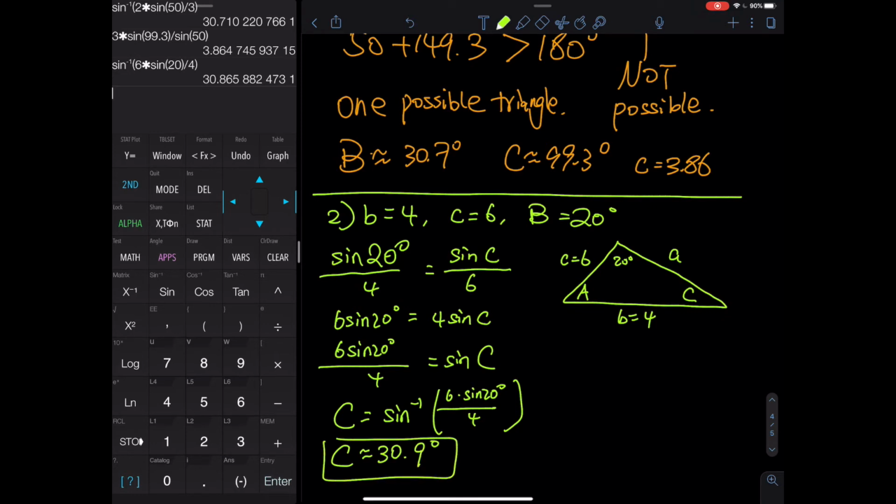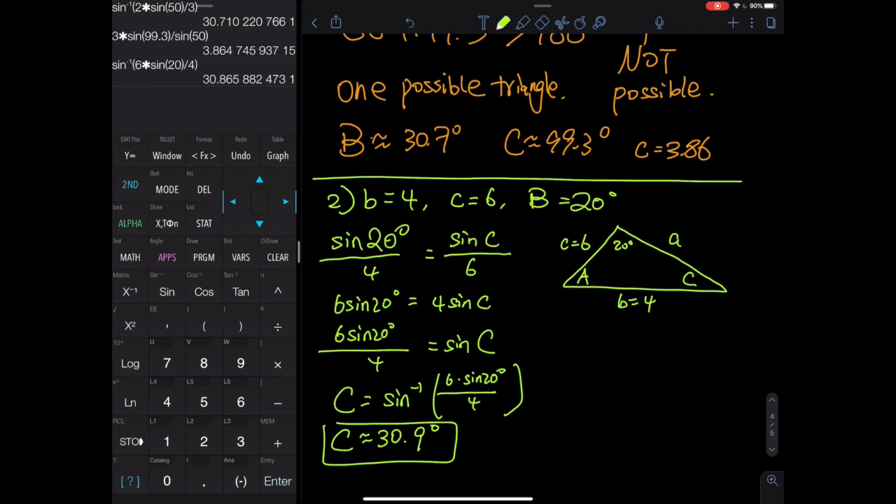And then other than that, we can easily find A, right? So how do you find A? C is 30.9. So we take 180 degrees minus C, 30.9. What is that equal to, by the way? That is equal to 149.1.